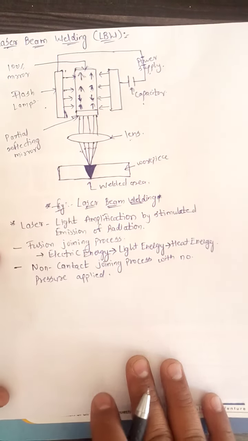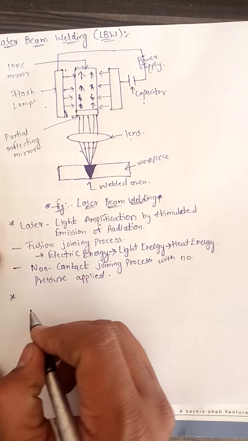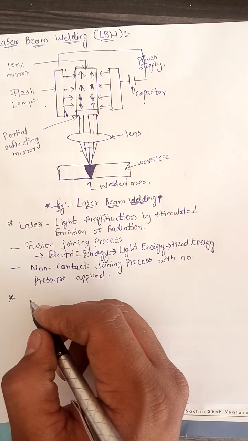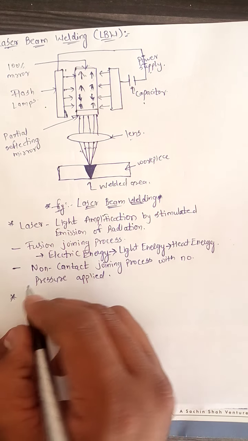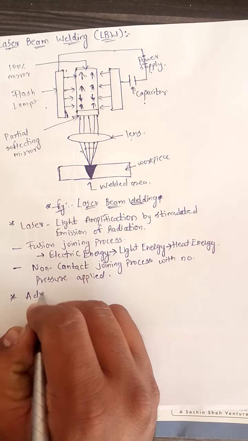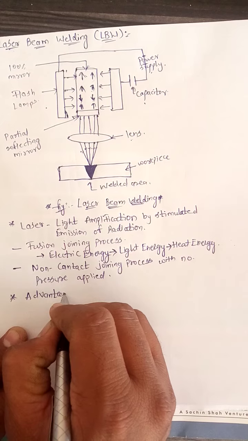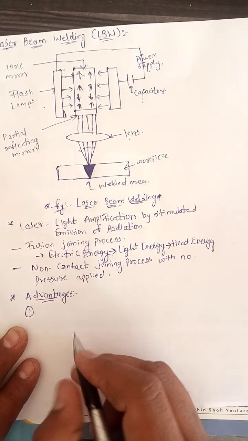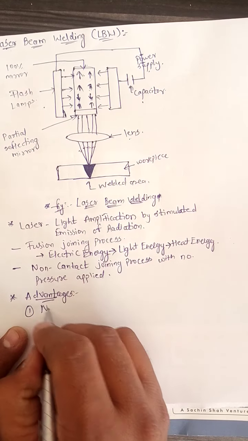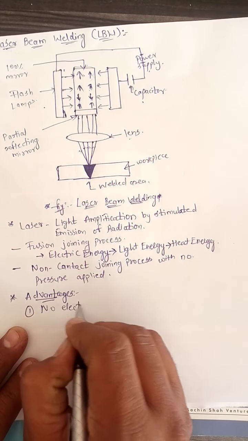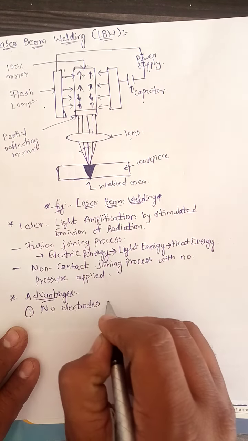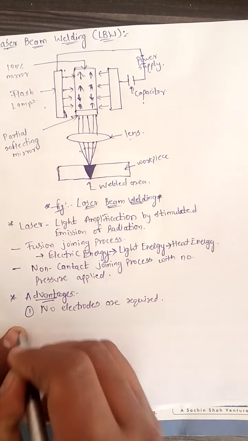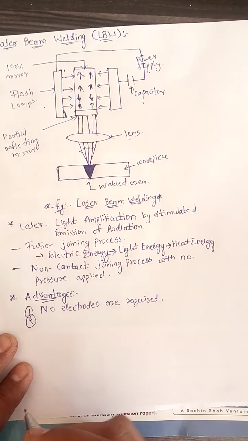Now we'll take some advantages of the same. Okay, advantages and disadvantages. First I will write the advantages. There are no electrodes required. Okay, there are no electrodes in that.